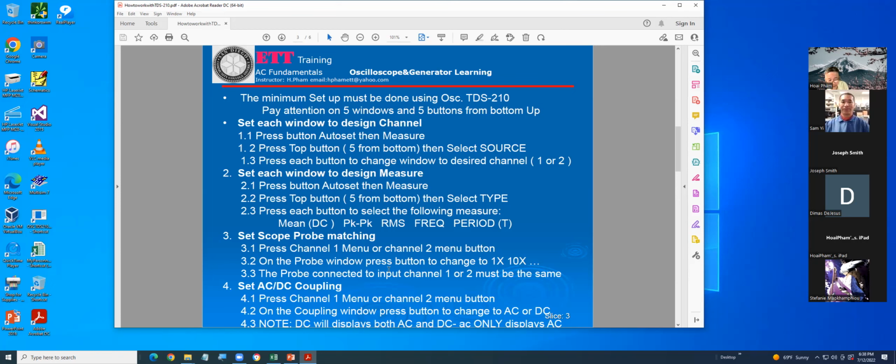If you set DC coupling, you cannot measure the AC. So that's why you must set that to AC coupling. So the scope will block DC, so we can measure the AC. That is the purpose.